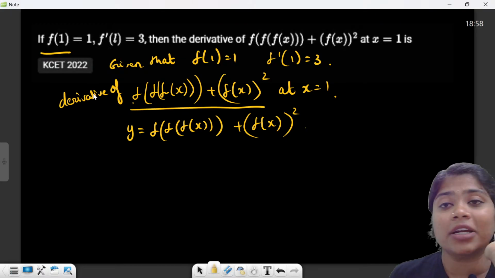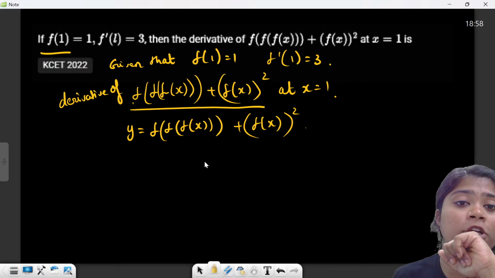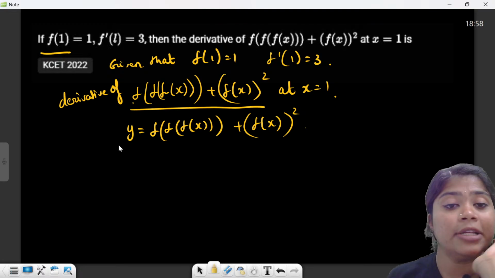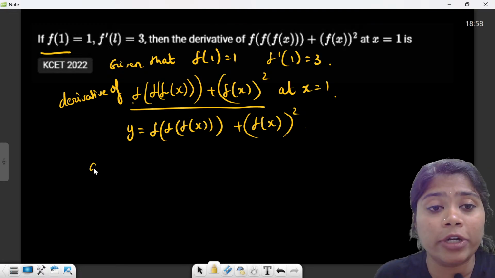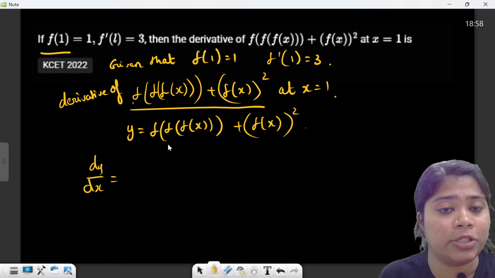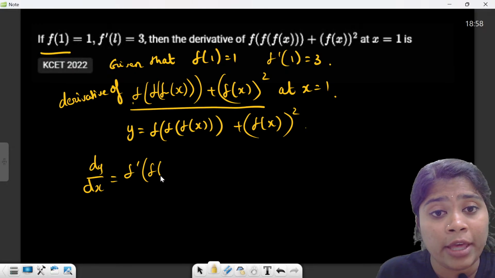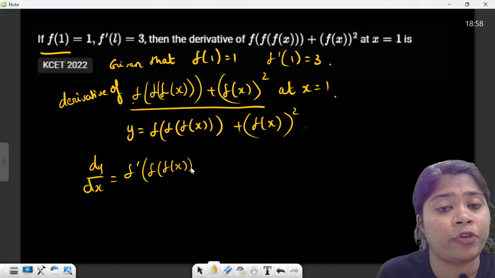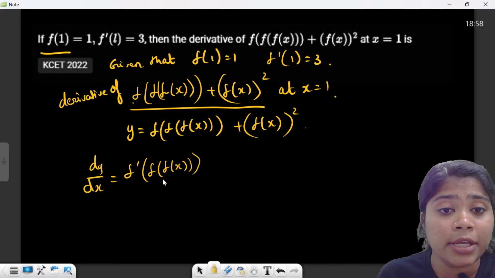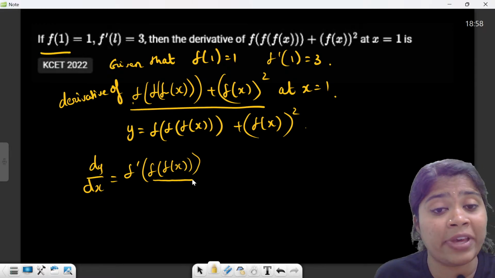So look, we are looking for the derivative of this particular function. So dy by dx is equal to: first we differentiate f dash of f of x, and then instead of x we have this expression.